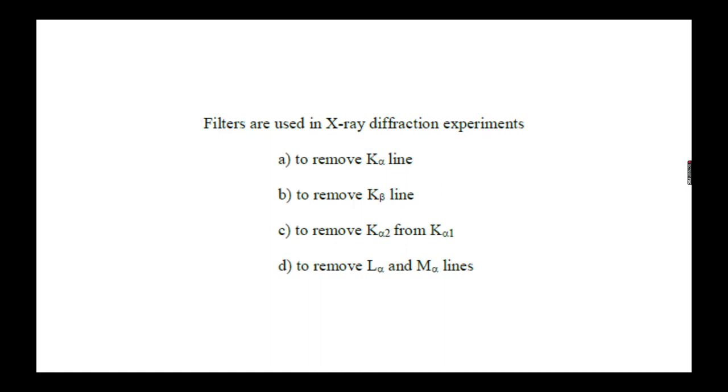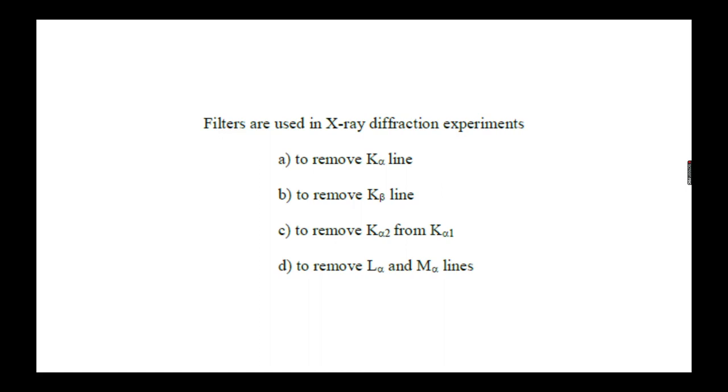Hmm? Say something. This is also quite easy. I don't think so, it is very difficult. Is it D? D or B?